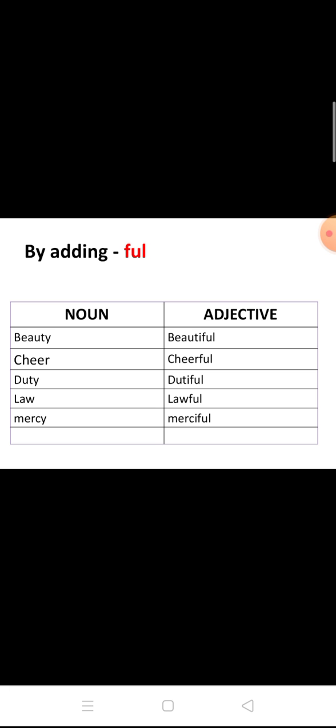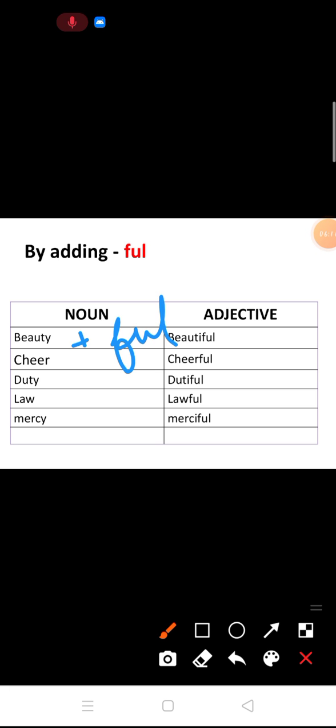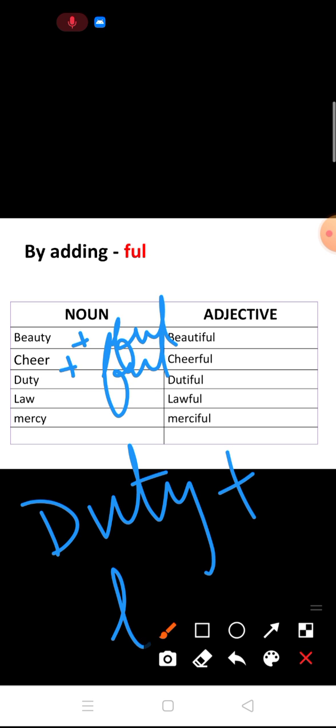Now, again, nouns are here. We are having noun, and by adding ful to these nouns, it will become adjective. Like beauty becomes beautiful. If we add ful here, it will become beautiful. Cheer plus ful becomes cheerful. Duty plus ful becomes dutiful.